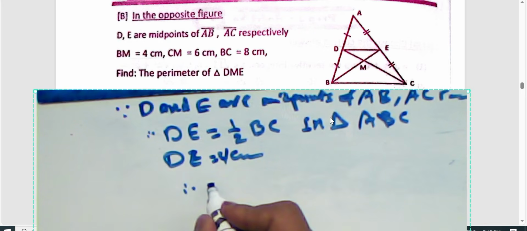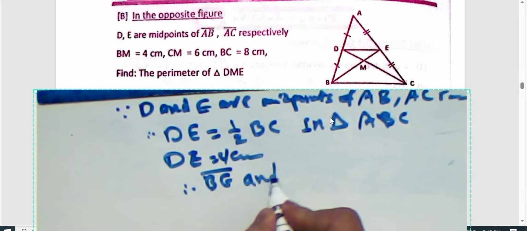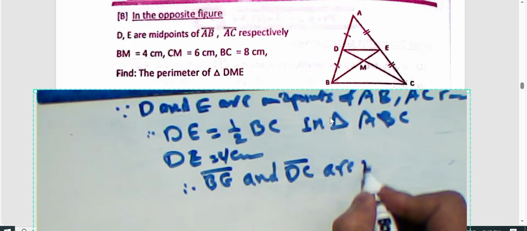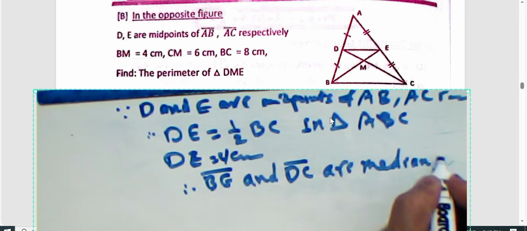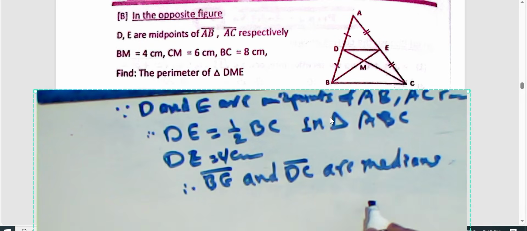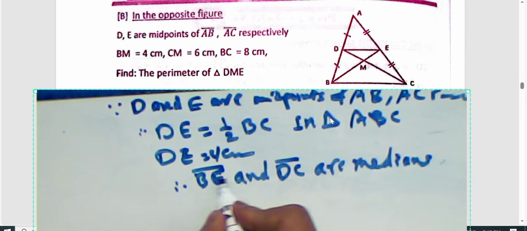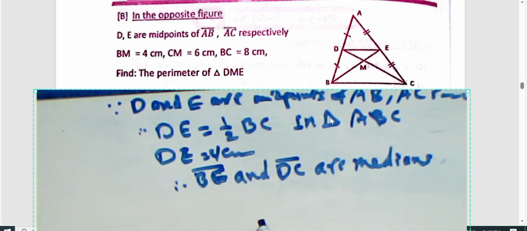And also we can prove that now BE and DC are medians. They are medians, okay? BE and DC are medians in triangle.